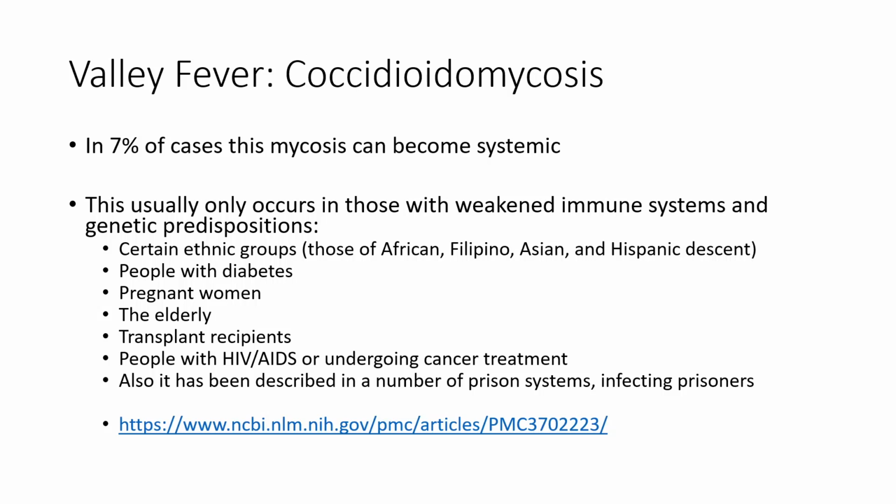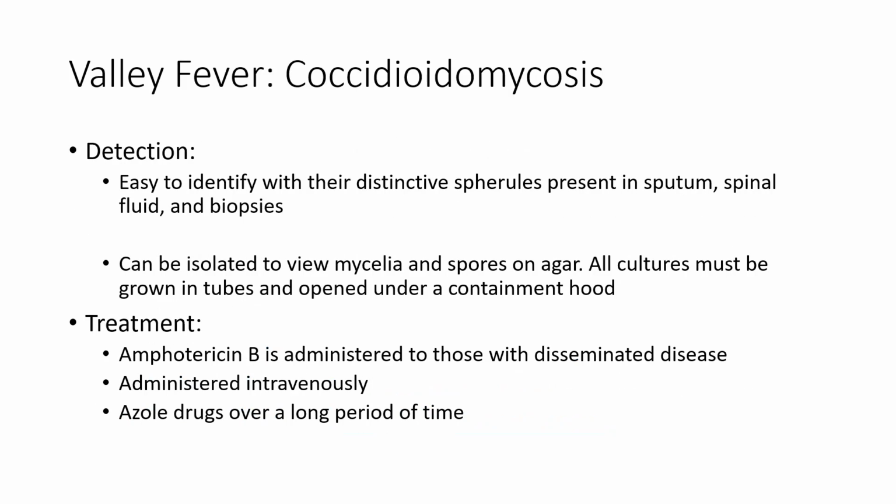And then I thought this article was really interesting because it said that it's also been described in quite a bit of prison systems. Valley fever, or the Coccidioides, basically has a reservoir in different prisons for whatever reason. It's a really good climate or environment for them for some reason, and so we have a lot of prisoners who get infected, which is kind of wild, but that's a thing.